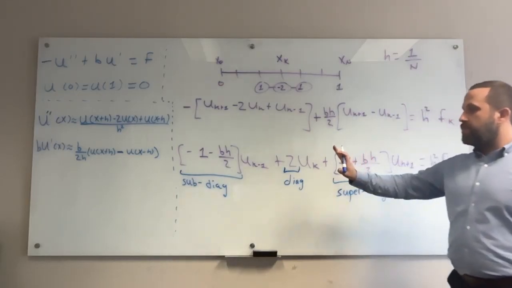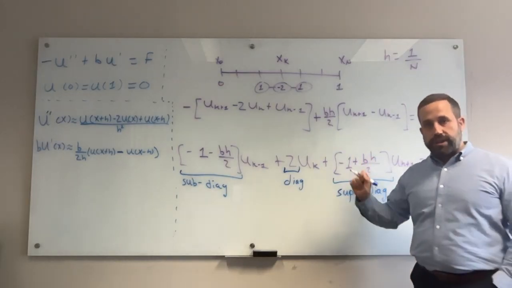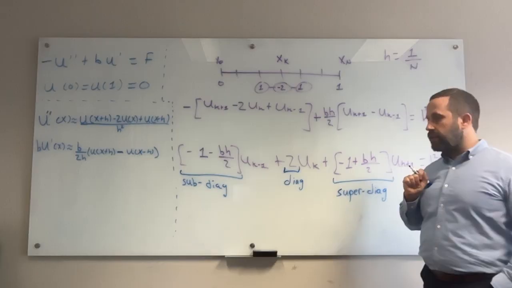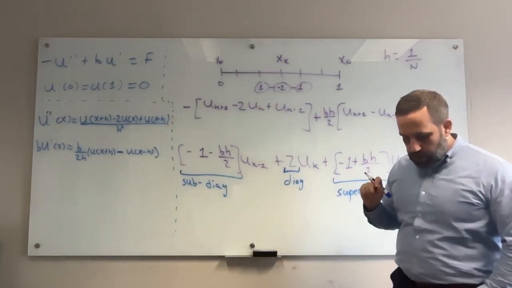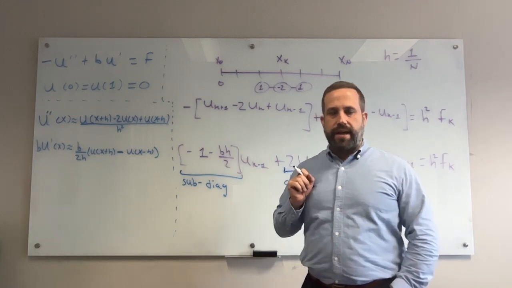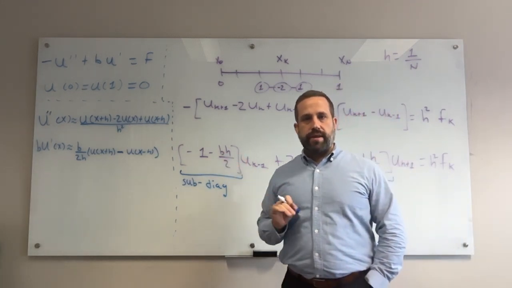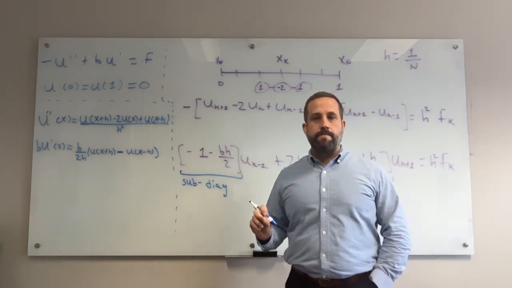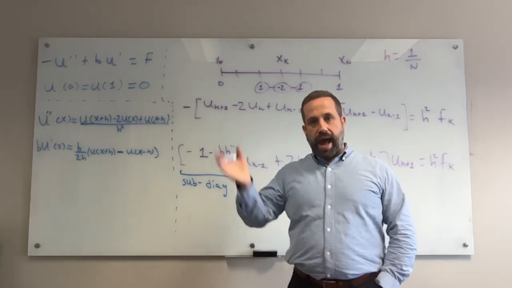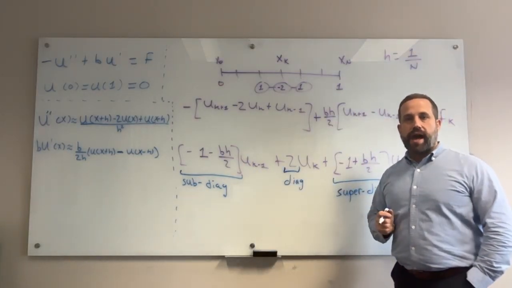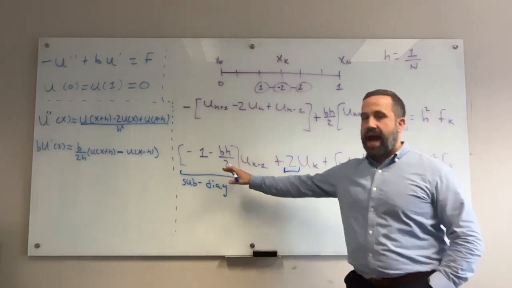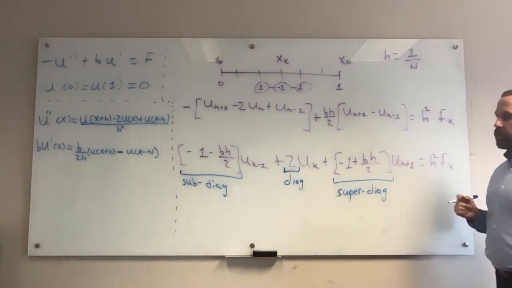So if b times h is large in absolute value, then we're no longer going to have diagonal dominance. The other thing that we want to happen, and again, we'll talk about the importance of this a little bit later, is that we want the diagonal entry to be positive, which is going to happen here, and we want the off-diagonal entries to be negative, which is not going to happen if b times h is very large.